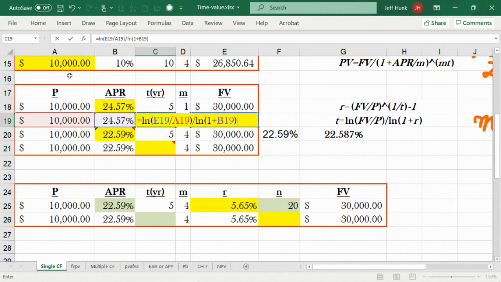Okay. Then we know the answer already because it's just row 18, the previous problem, just tweaked so that this time the unknown would be n. So it should be 5, right? Because we're using the same input. Yeah, it should give you 5 exactly, right?